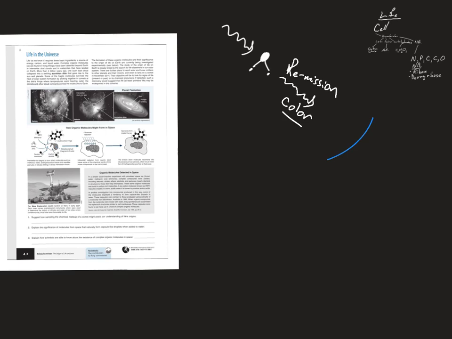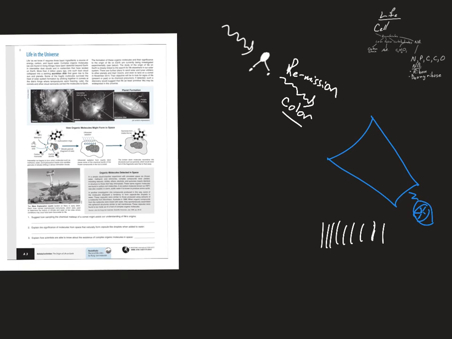We have big ones, we have small ones. We can actually tell the difference as we look through the spectrophotometer and look at the light coming in. What we see is a pattern of bands, different color bands.